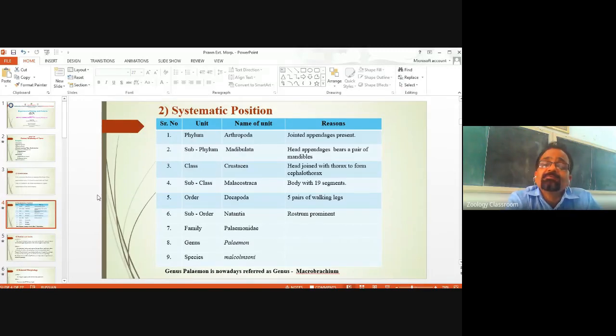Subclass Malacostraca. Here, the entire body contains a total of 19 segments.